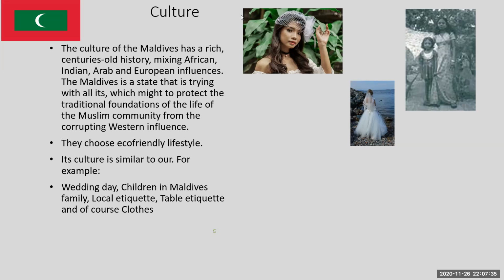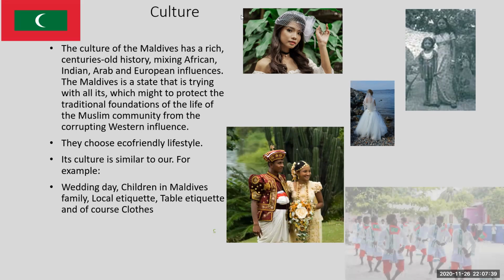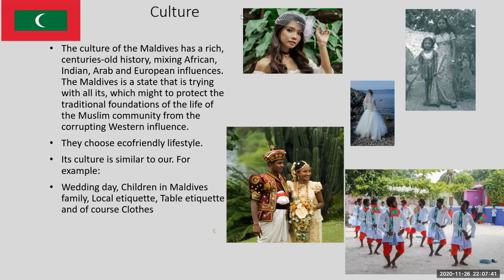They choose an eco-friendly lifestyle. Here you can see, because they want to protect their own islands. It's a duty for them, and that's why they try their best to do this. It's quite similar to our culture, because they are also Muslims.